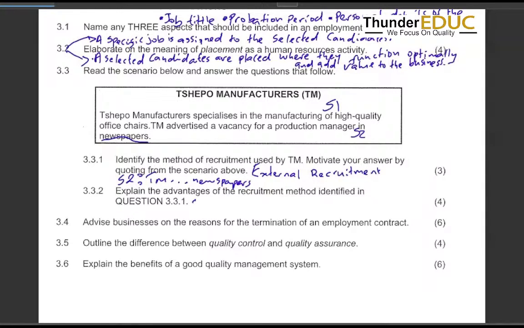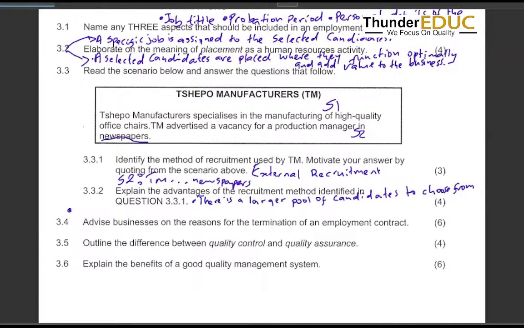So now we are saying that there is a larger pool of candidates to choose from.